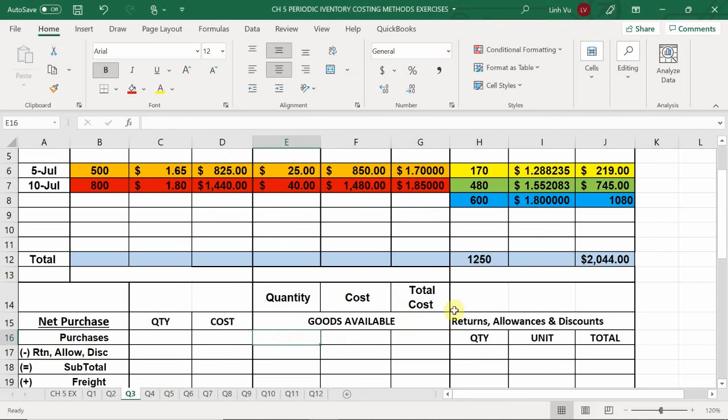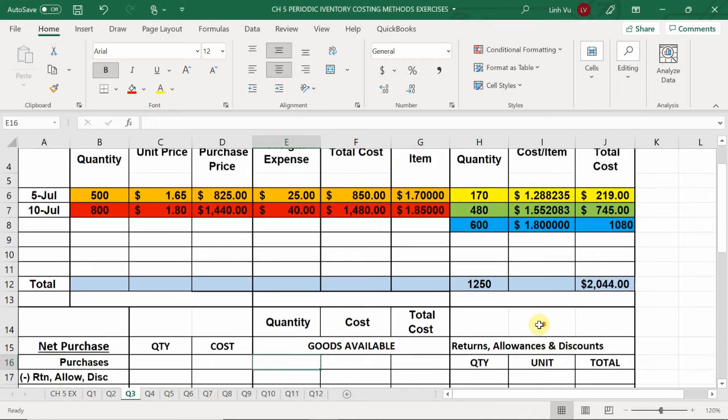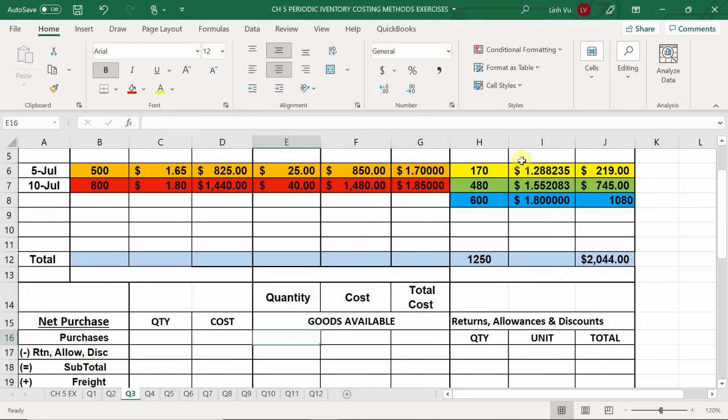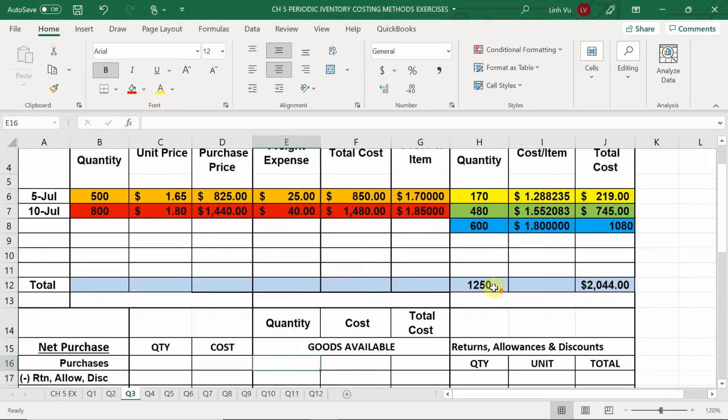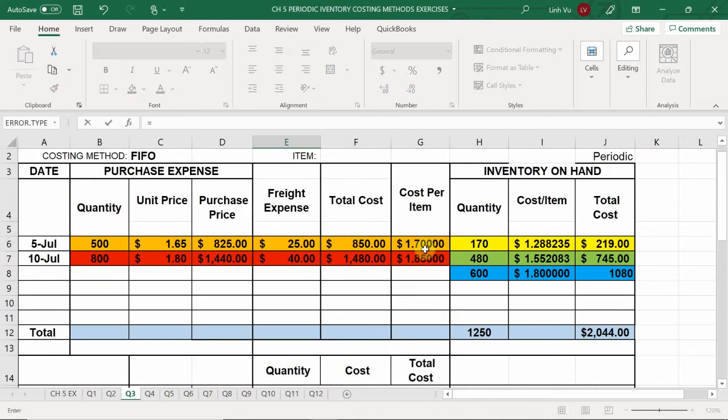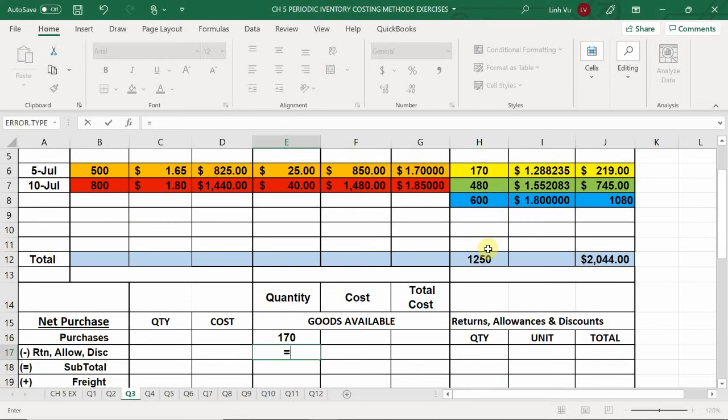All right. So in this case, I have beginning inventory. I have all of these in the very beginning of my inventory. Therefore, these 3 batches of inventory are going to be part of my goods available. So I'm going to list it exactly like how I have it here, because that is part of my inventory.